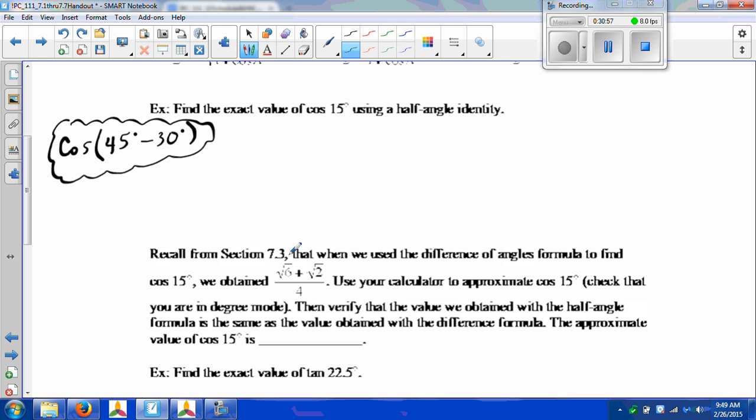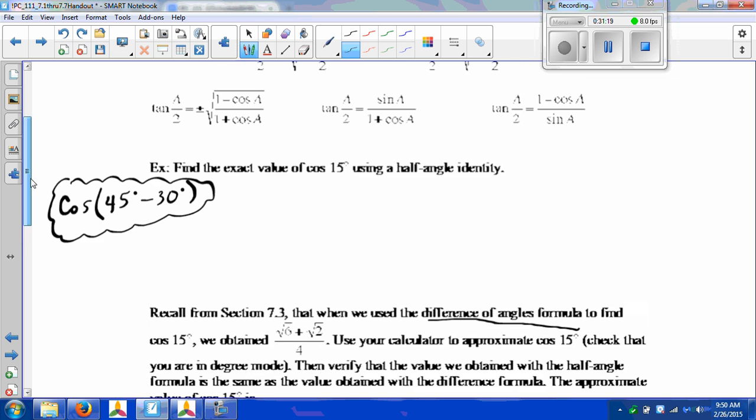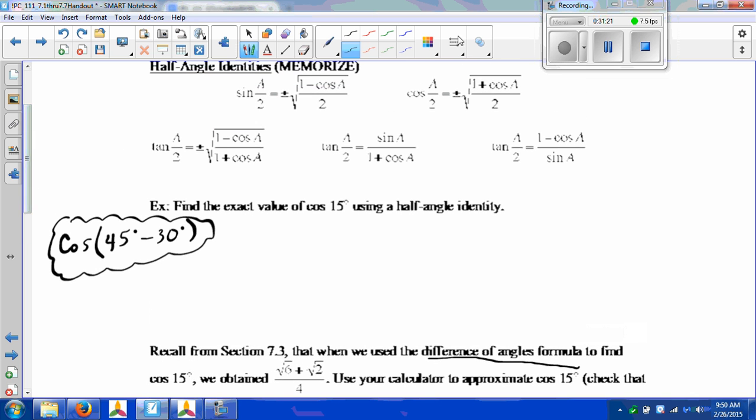And then this is what it says here, the difference of angles formula to find the cosine of 15. Once we're done with this one, if you use your calculator to approximate it, you'll see that they all come out the same. They're just going to look different. Alright, so we're just going to use the half angle formula from right here for cosine. And remember, you just double it.